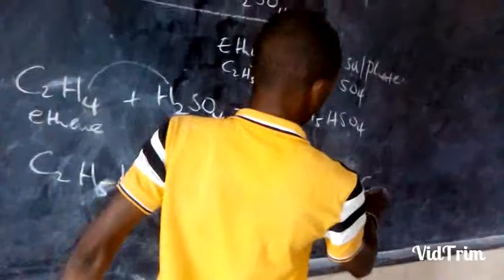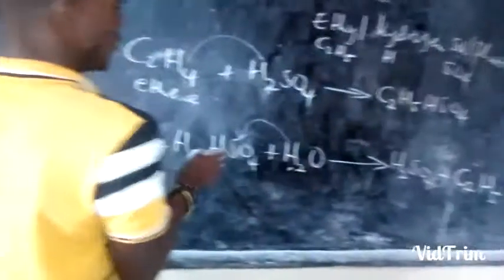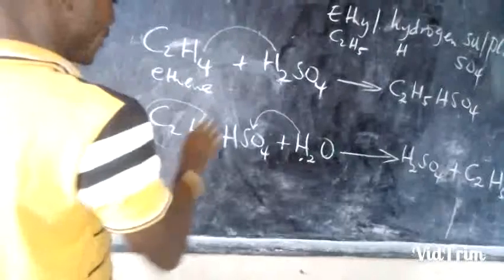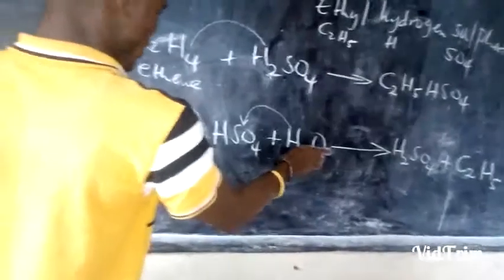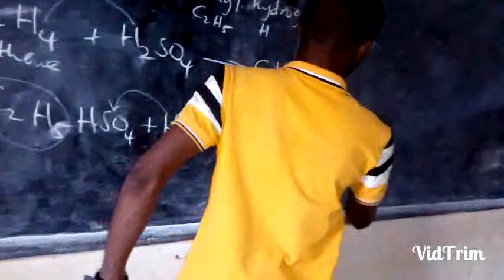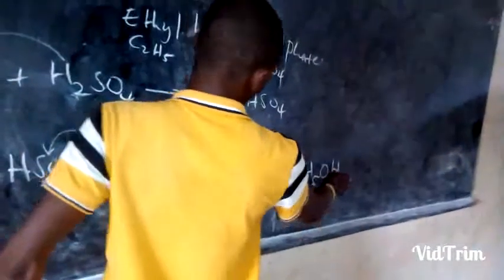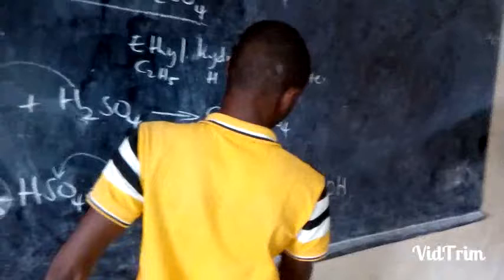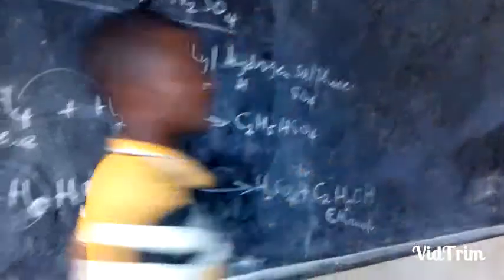I will write C2H5. We have this oxygen here and this hydrogen. Already the C2H5 is what I have transferred. I am still left with oxygen and hydrogen. That becomes OH. But C2H5OH, a compound with OH, is known as ethanol. So ethanol is produced in that particular format.